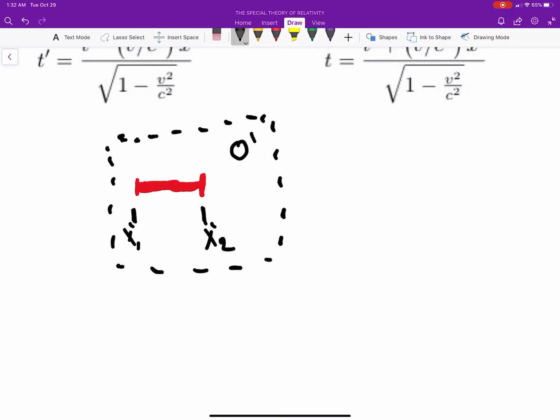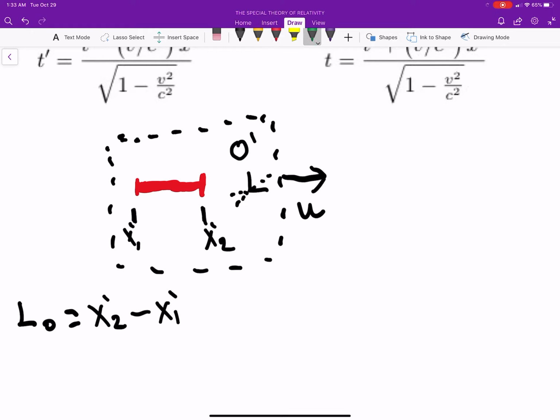So the length as measured by this observer, and this observer is moving at a speed u, is L naught, which is x2 prime minus x1 prime. Okay? If we just draw a little coordinate system here, and we let the center be here, or wherever it might be, that's the coordinate system we're using.